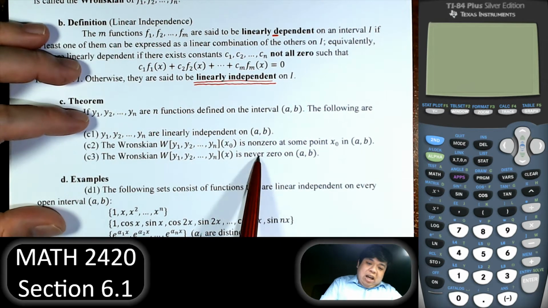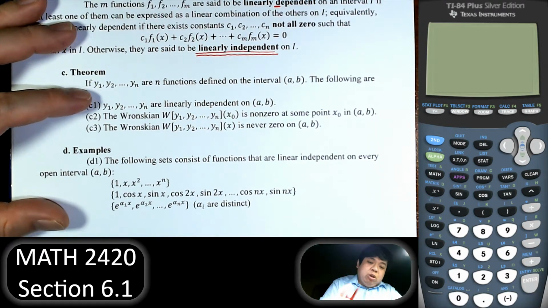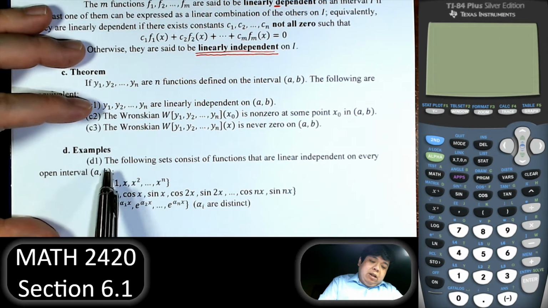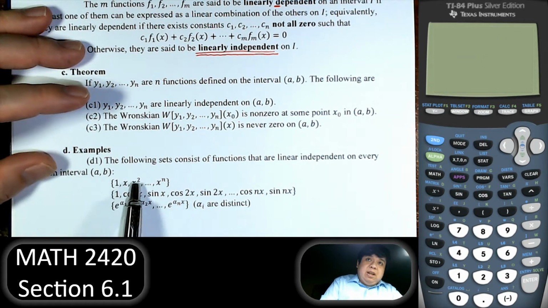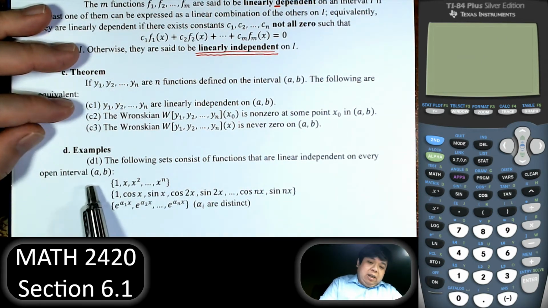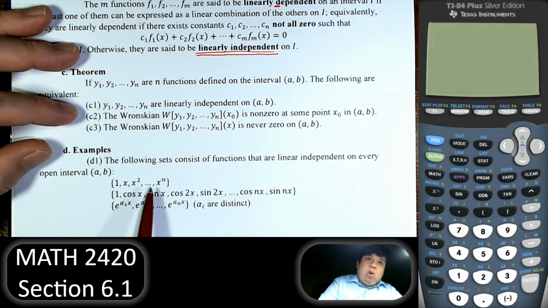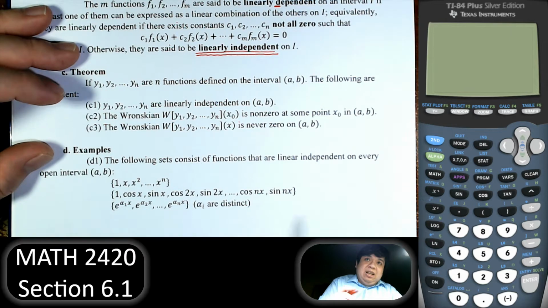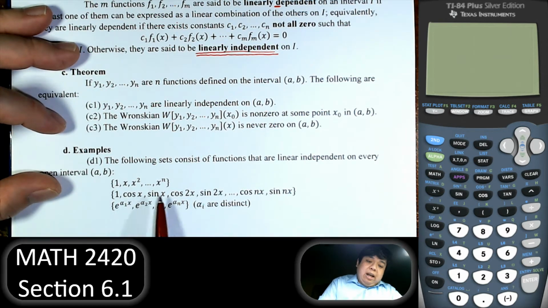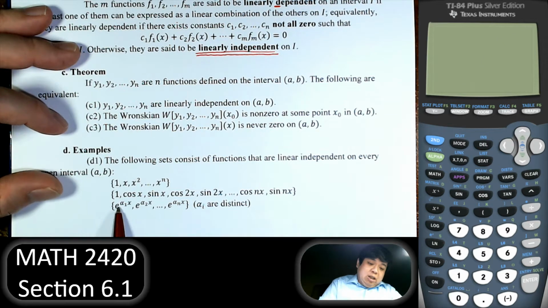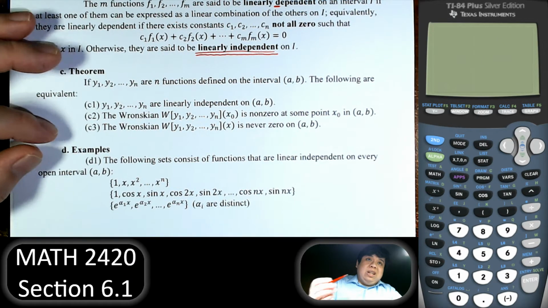Mostly we use the last one, as you will see in some examples later. Now, here are some examples. The sets of these functions are linearly independent: 1, x squared, all the different powers of x; cosine x, cosine 2x, cosine 3x; and exponential functions with different coefficients on the exponent.